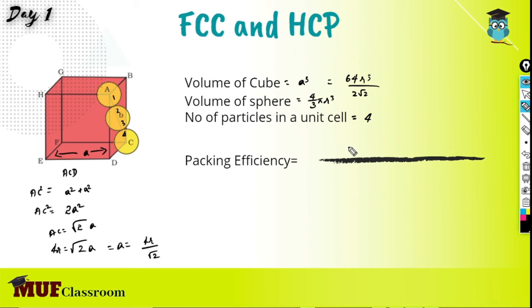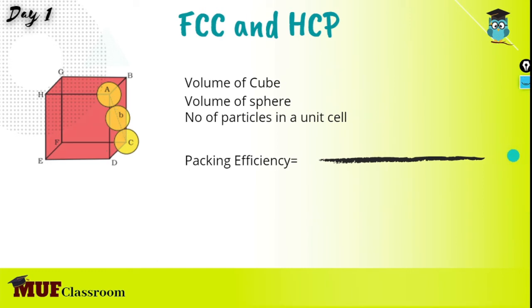Now coming to packing efficiency, number of particles is 4 into 4 by 3 pi R cube divided by 64 R cube by 2 root 2 into 100. So simplifying it, we get the answer as 74%.